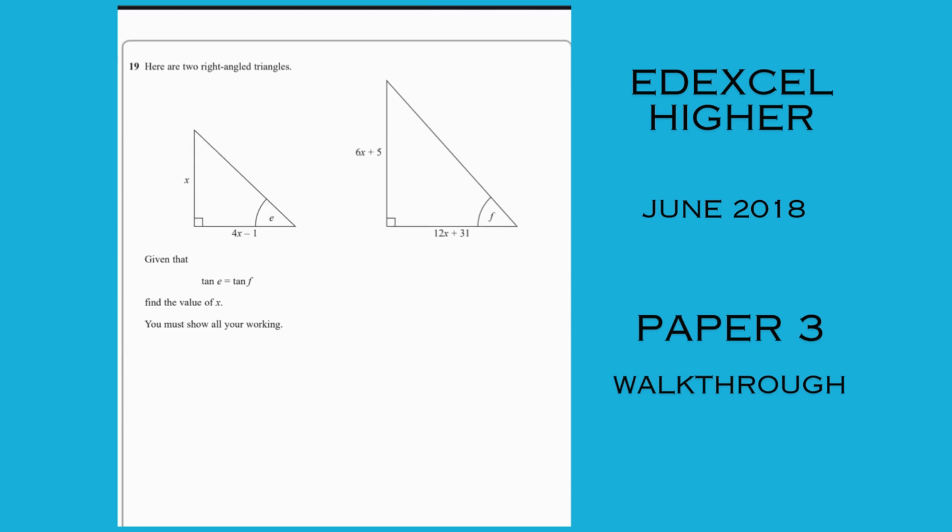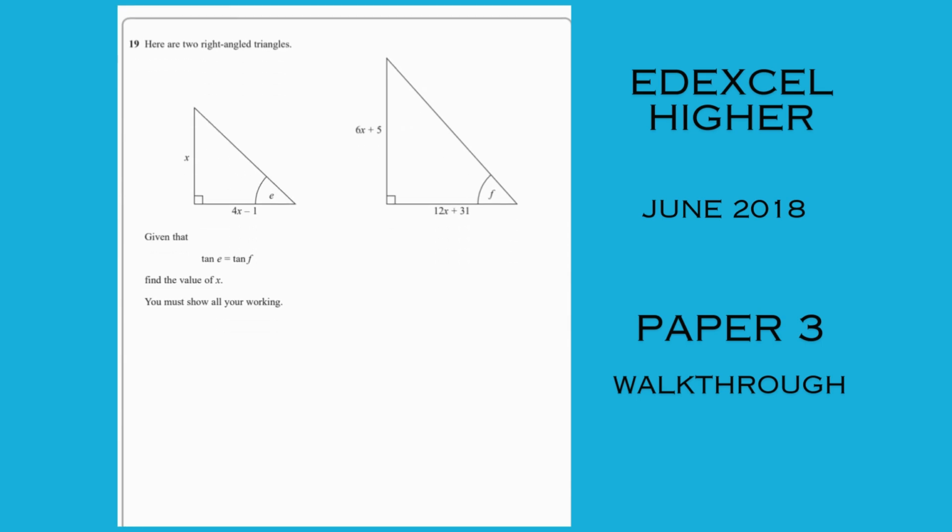Number 19. So the clue is there, tan. Think about SOHCAHTOA, because that's your key. The tan of an angle is the opposite side divided by the adjacent side. So if we look at our small triangle from E, the tan of E is opposite over adjacent.